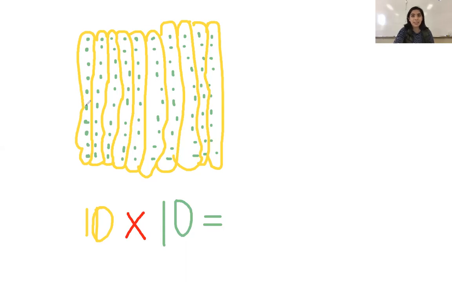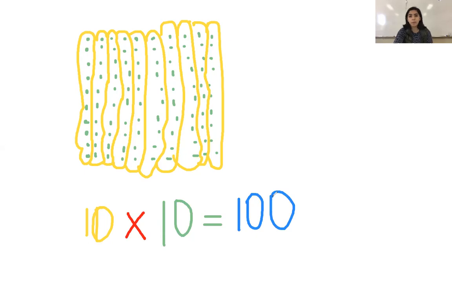I think memorizing, right? If we were to count every single bean to see how many beans there are for the whole thing, we would sit here and count 100 beans.